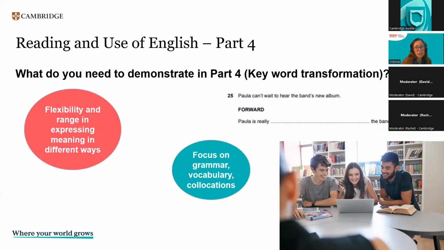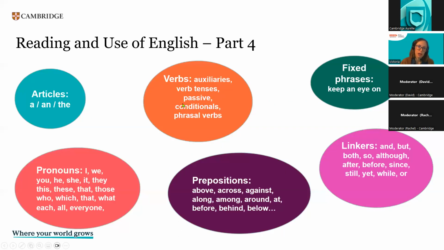What we're looking for is to test your flexibility and range when you are expressing meaning in different ways. And there is also a focus on grammar, vocabulary, collocations, and so on.